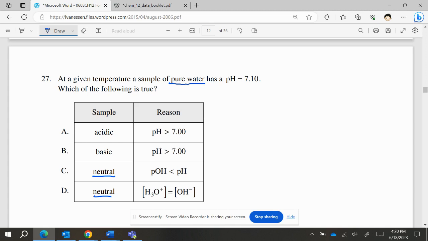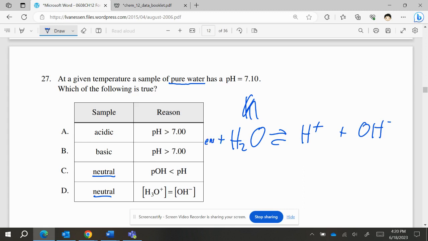So why do we say pH is neutral at 7? It's because, here's water and it turns into H plus and OH minus. And at 25 degrees Celsius, sorry, I should put some joules here, some energy.